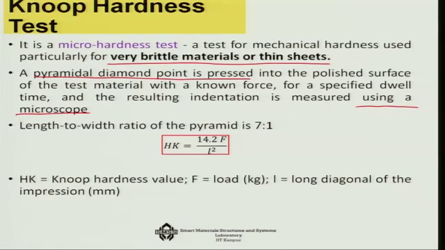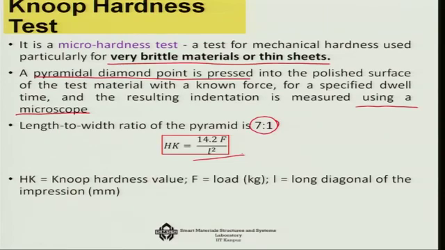The length to width ratio of the pyramid is maintained as 7:1. Then you can find out the Knoop hardness value, where F is the load in kg and L is the long diagonal of the impression.